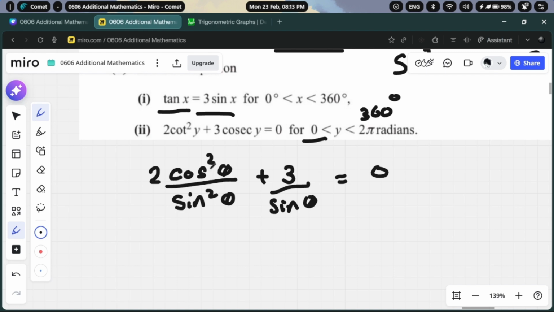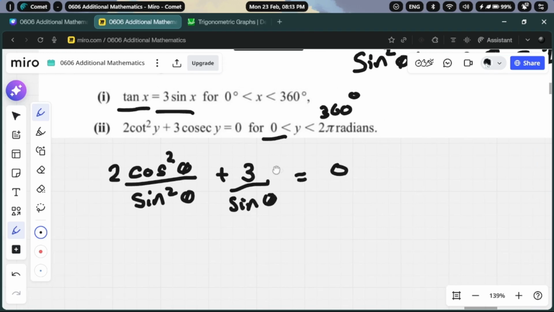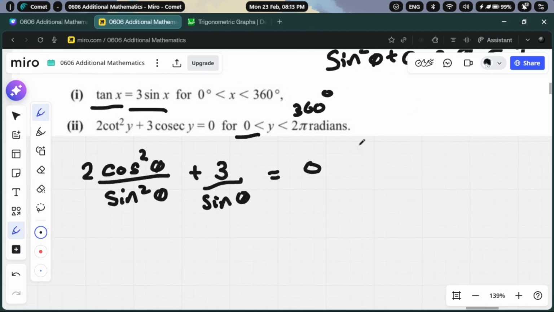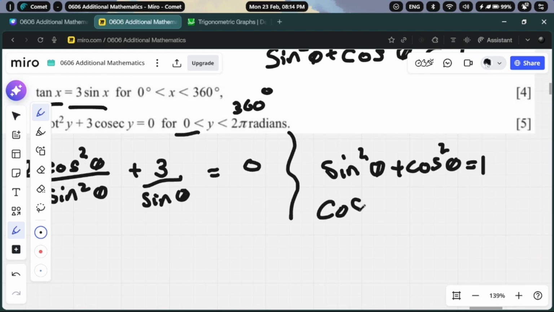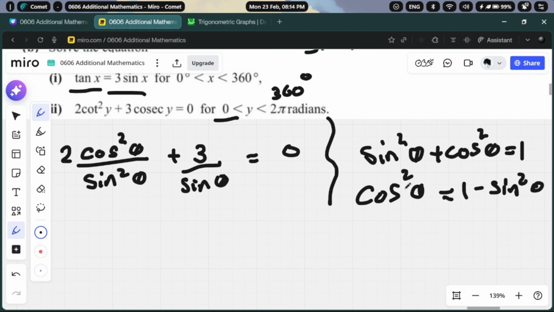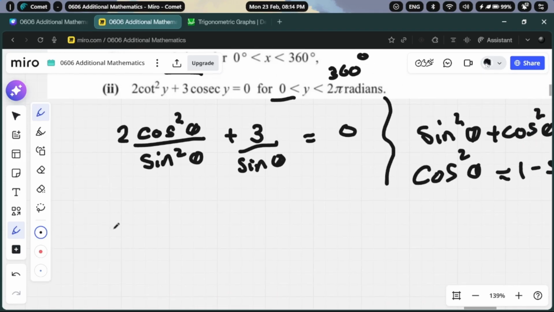Now you have the option to either make everything in terms of cos theta, or make everything in terms of sine theta. There is no issue in that, because recall that sine square theta plus cos square theta is equal to 1. So you can do cos square theta is equal to 1 minus sine square theta, which is what I'll be doing, but you can also do sine square theta is equal to 1 minus cosine square theta.